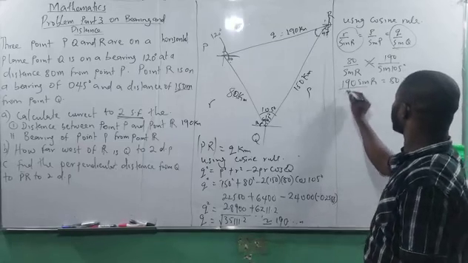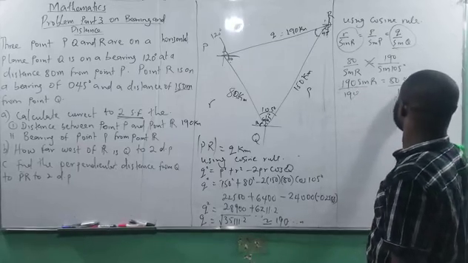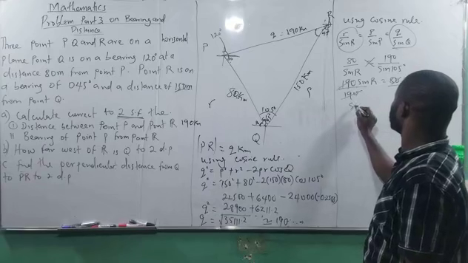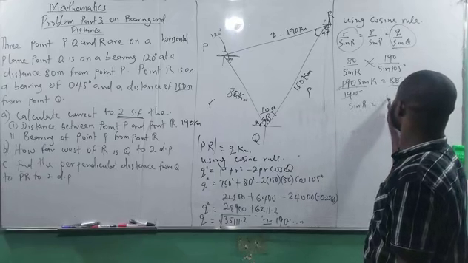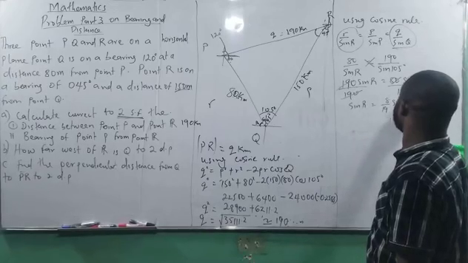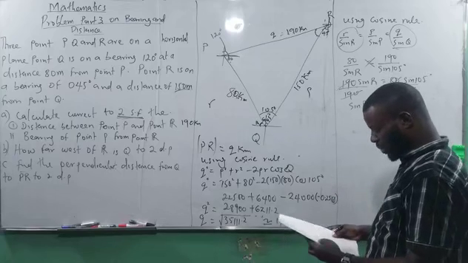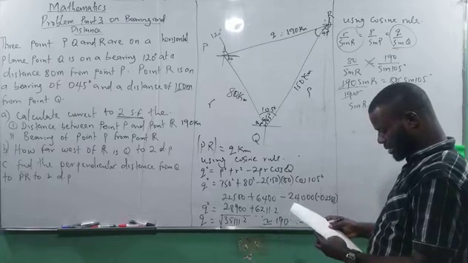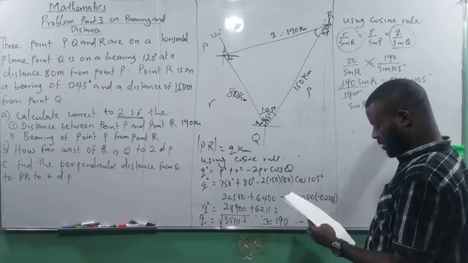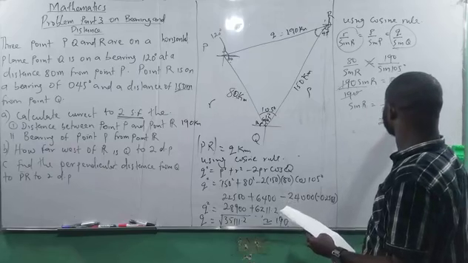Now divide by 190. This will cancel, and sine R will be equal to 8 all over 19 sine 105 degree. Now at this junction, when I do this, I'll be having 24.32.